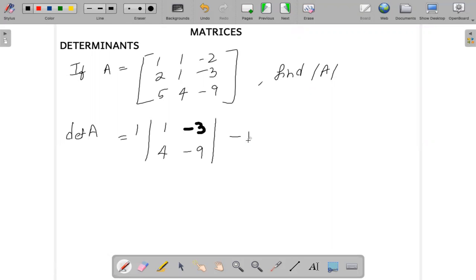And this will be minus 1, and then 2 minus 3, 5, minus 9. And the next one is minus 2, 2, 1, and 5, 4.